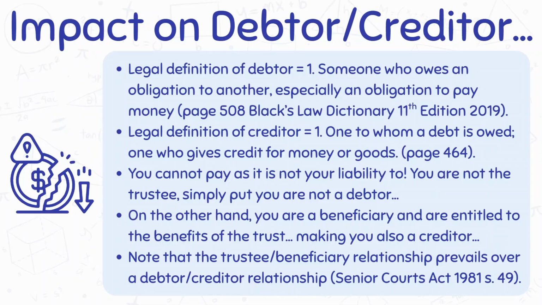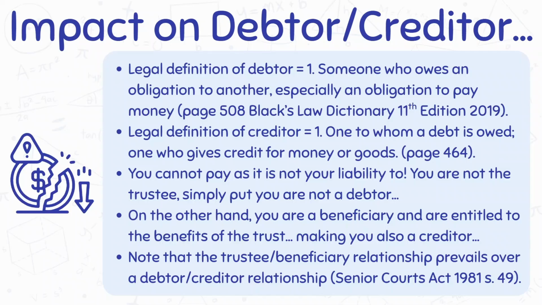On the other hand, however, you are a beneficiary to the monetary trust, and so you are entitled to the benefits of this trust relationship, which also makes you a creditor, right? You are owed something. You are the one to whom a debt obligation is owed. There's an important note here that really sets things apart, and that is that the trustee-beneficiary relationship prevails over a debtor-creditor relationship.